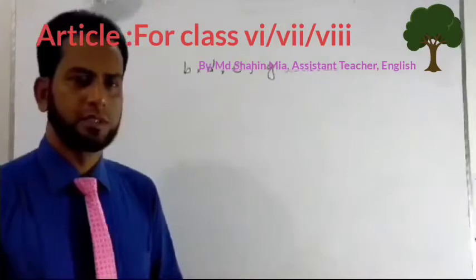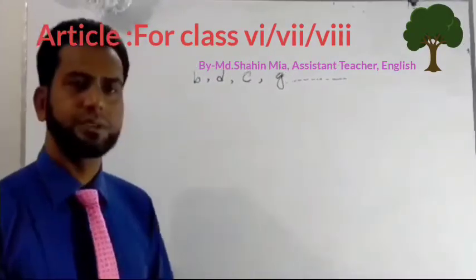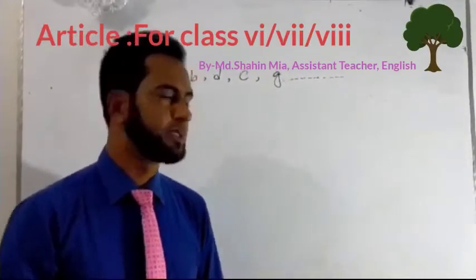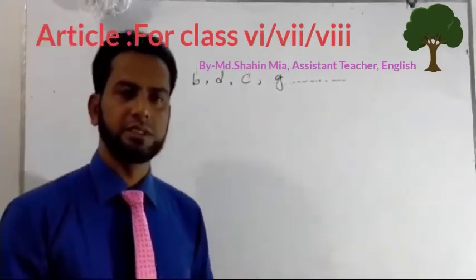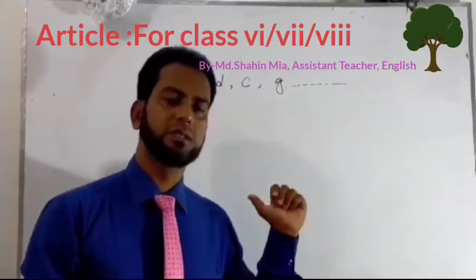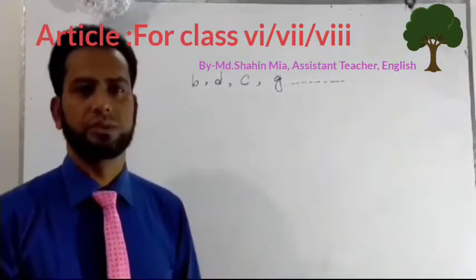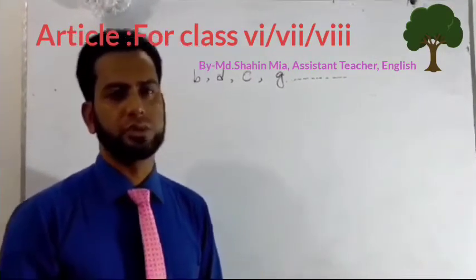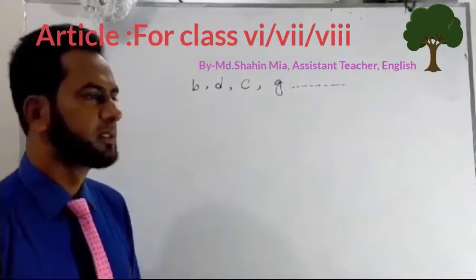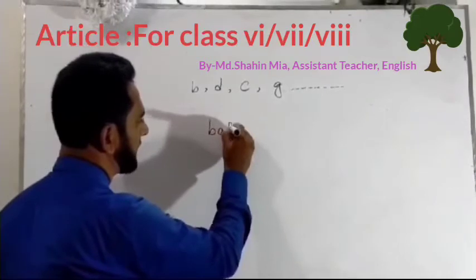Dear learners, look at the board. There are some letters of the English alphabet: B, D, C, G, etc. All these letters denote consonant sound. So before consonant sound we must use article a. Example: bed.